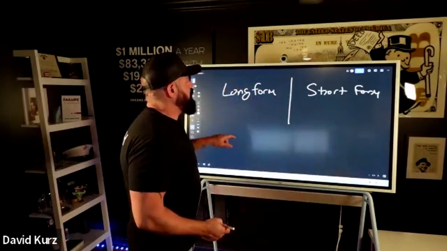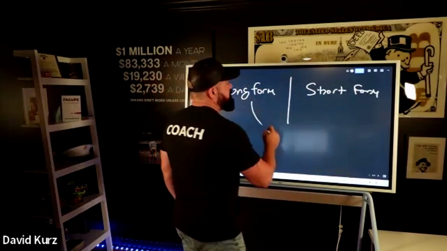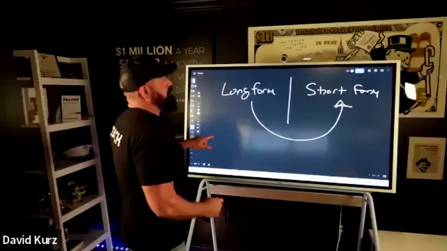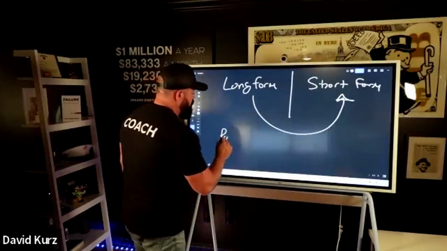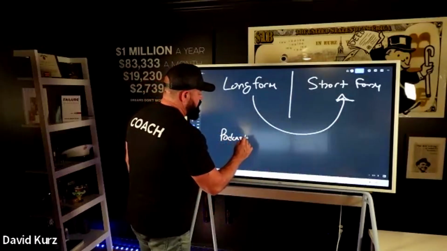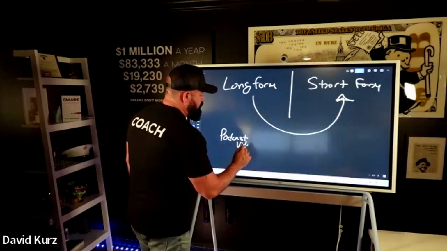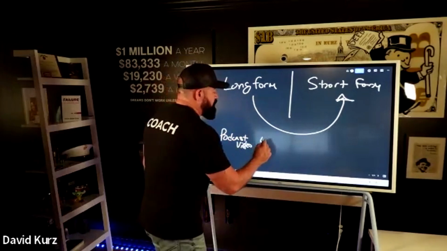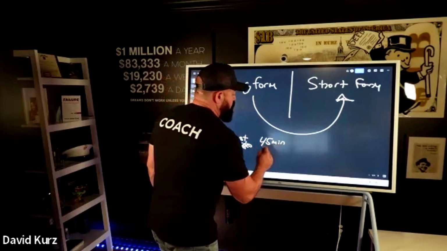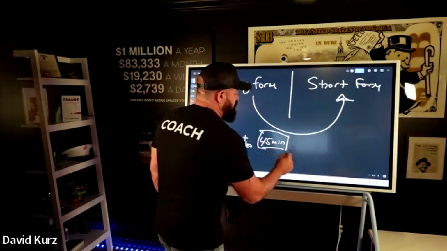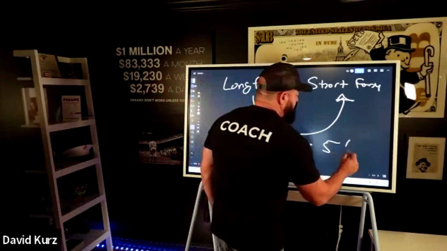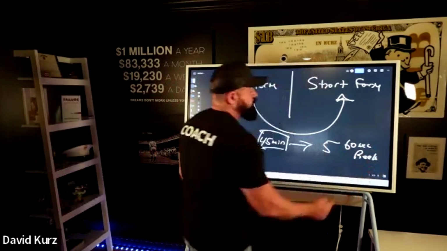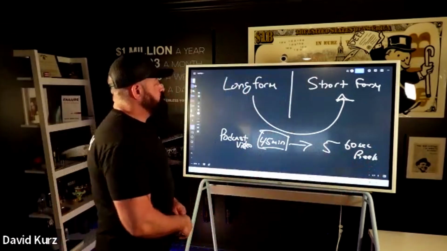Now, one of the things that I like to do is create long form content that leads to short form content. What do I mean by this? I like to create, let's say, a podcast that I record on video. So let's just call it a podcast video, right? And so I'll take a podcast that I record on video, and this podcast, let's say, is 45 minutes. And from those 45 minutes, I will go ahead and cut out about 5 60-second reels that I can also use for content creation, right?